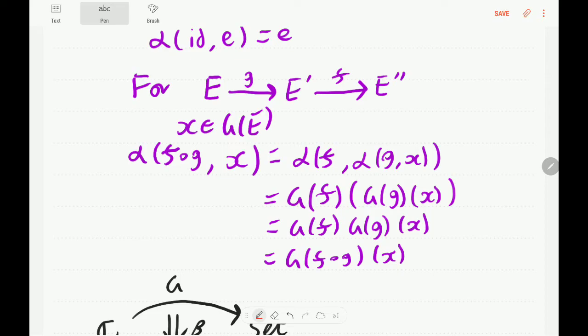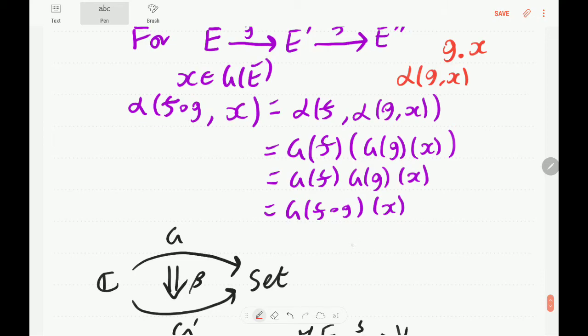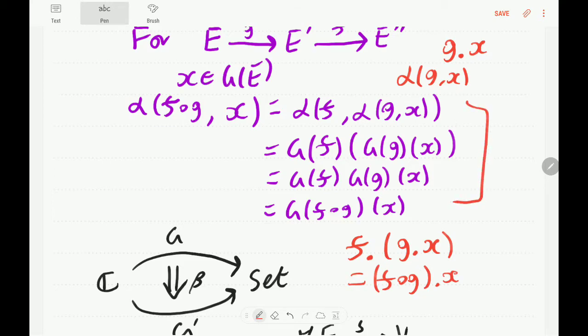So maybe the normal way to write this, rather than, for example, writing alpha of G, comma X, people would normally write G dot X. And so we've got that F dot G dot X is equal to F after G dot X, and that's an expression of this stuff.